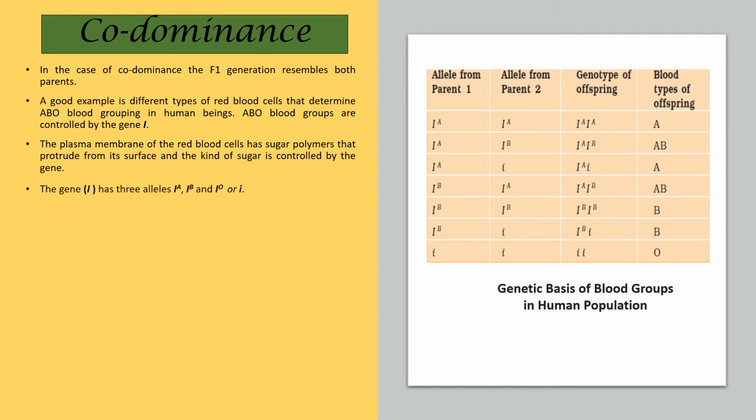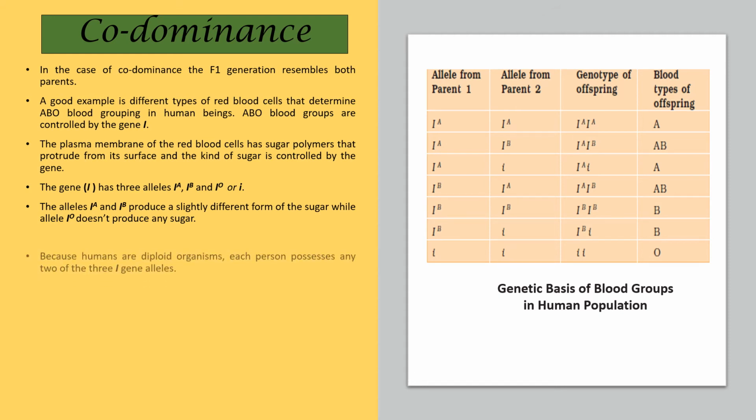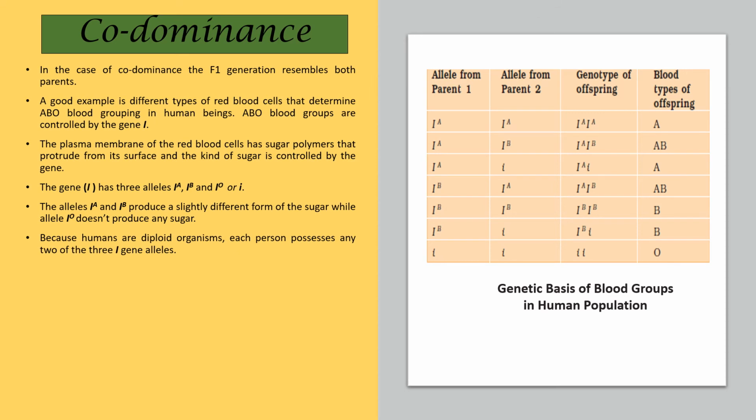The gene I has three alleles, IA, IB, and IO or small i. The alleles IA and IB produce a slightly different form of the sugar, while IO does not produce any sugar. Because humans are diploid organisms, each person possesses any two of the three I gene alleles.